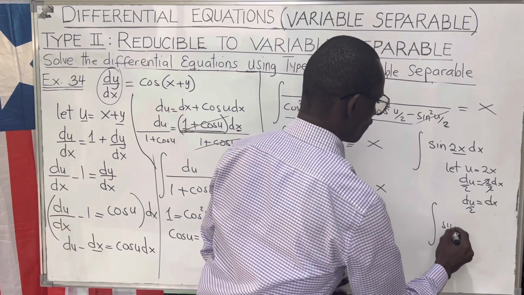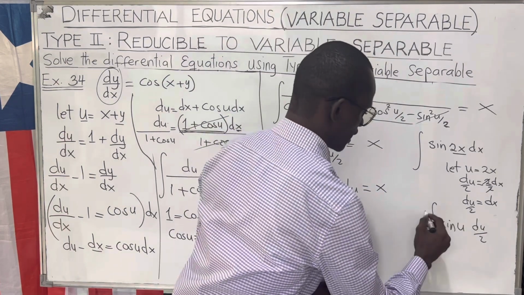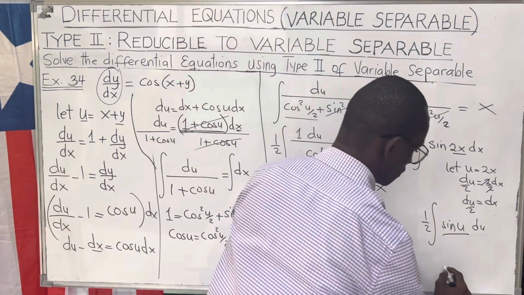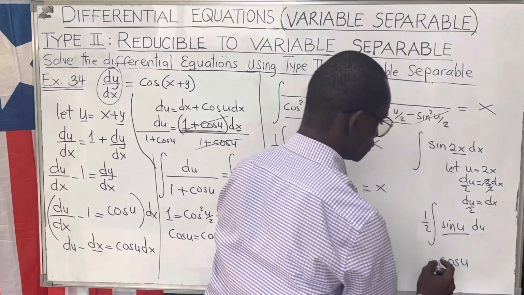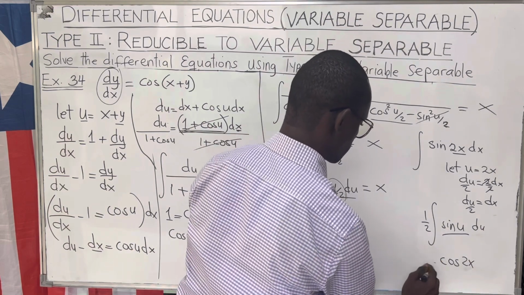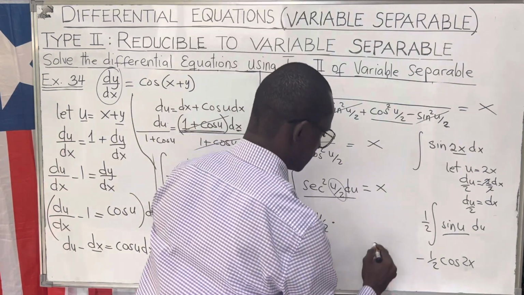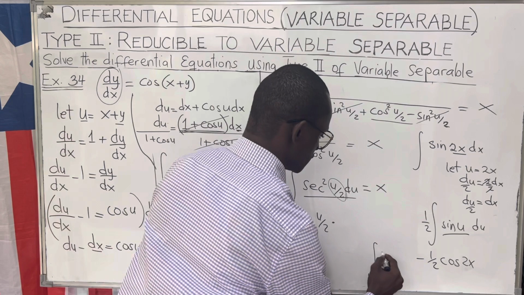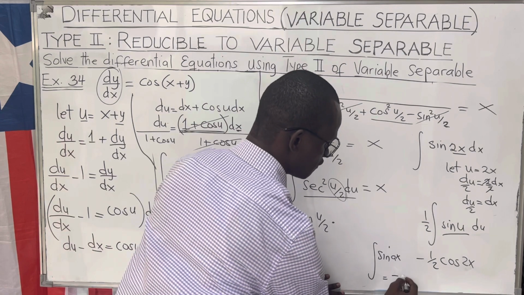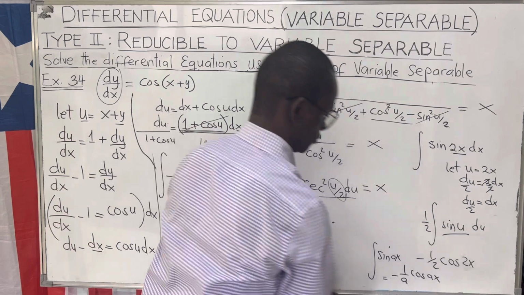So this will be sine of u du over 2. You factor out the 2, the integral of sine of u is just minus cos of u, where u is now 2x. But there is 1 over 2. So the general formula is that the integral of sine of ax is negative 1 over a cos of ax.